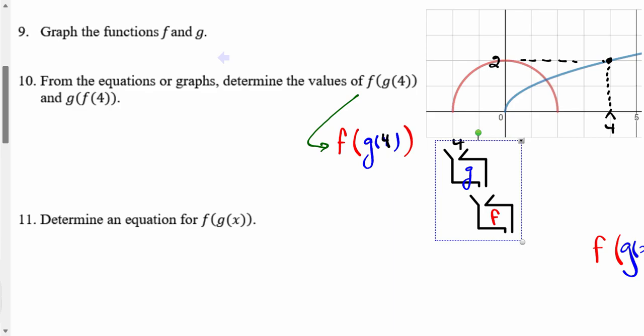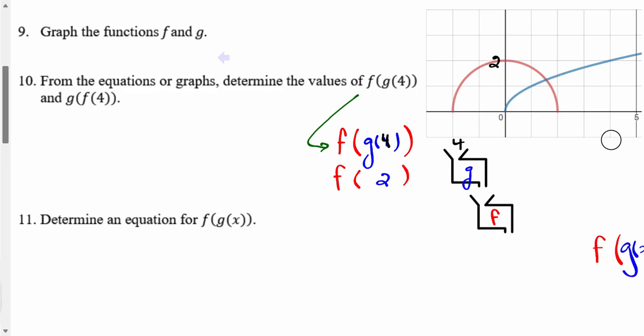So I'm looking for what f of 2 is equal to. So that 2 that I just put up here is going to now become an input value of 2, and I look to see what's the y value I get for f of x.